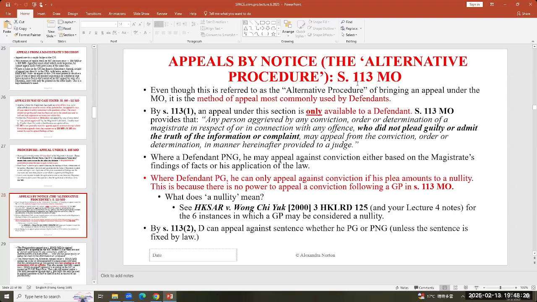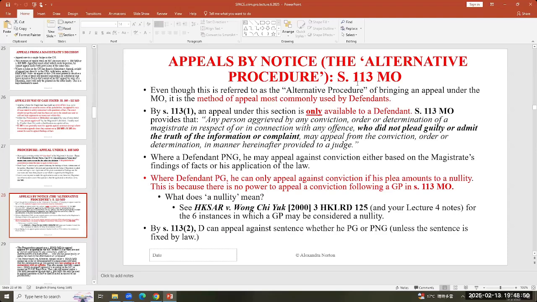It's only available to a defendant under Section 113, subsection 1, because a defendant is a person who's aggrieved by the conviction, who did not plead guilty or admit the truth of the information or complaint. So subsection 1 does not apply to the prosecution because they have not pled not guilty.